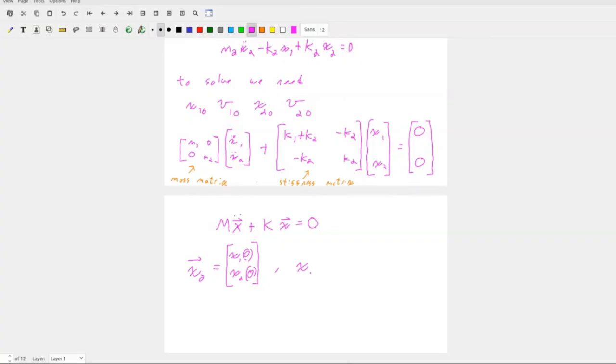And x0 vector velocity dot is equal to x1 dot of 0, x2 dot of 0. Because it's my velocity. These are my boundary conditions. Yes, x2 dot of 0. So those are my boundary conditions that I use to solve that method.